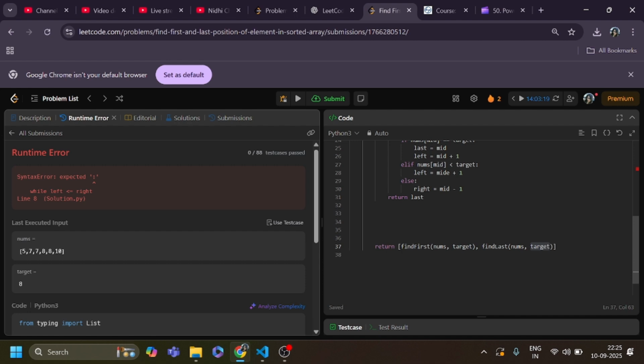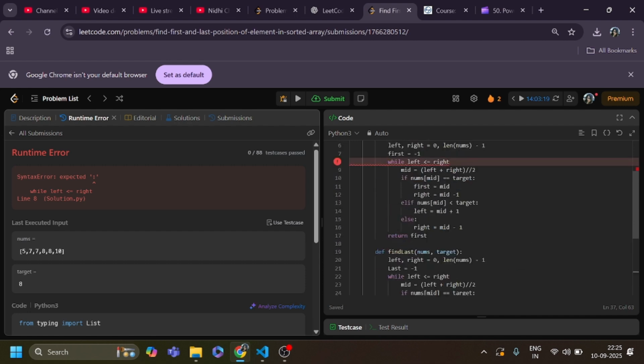While left is less than or equal to, line number 8, here I forgot to put it here also.